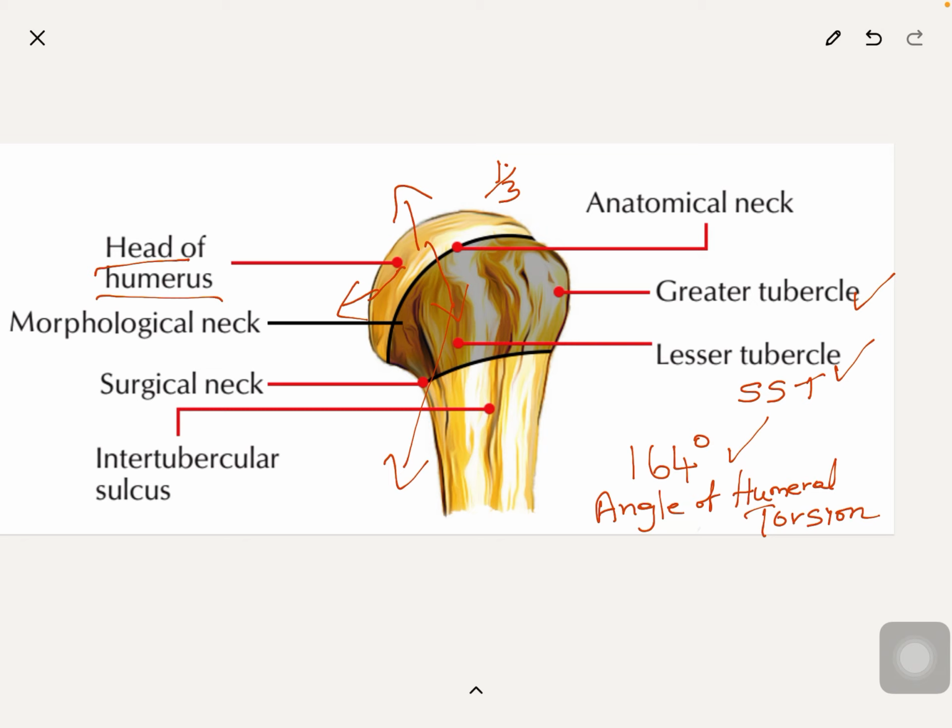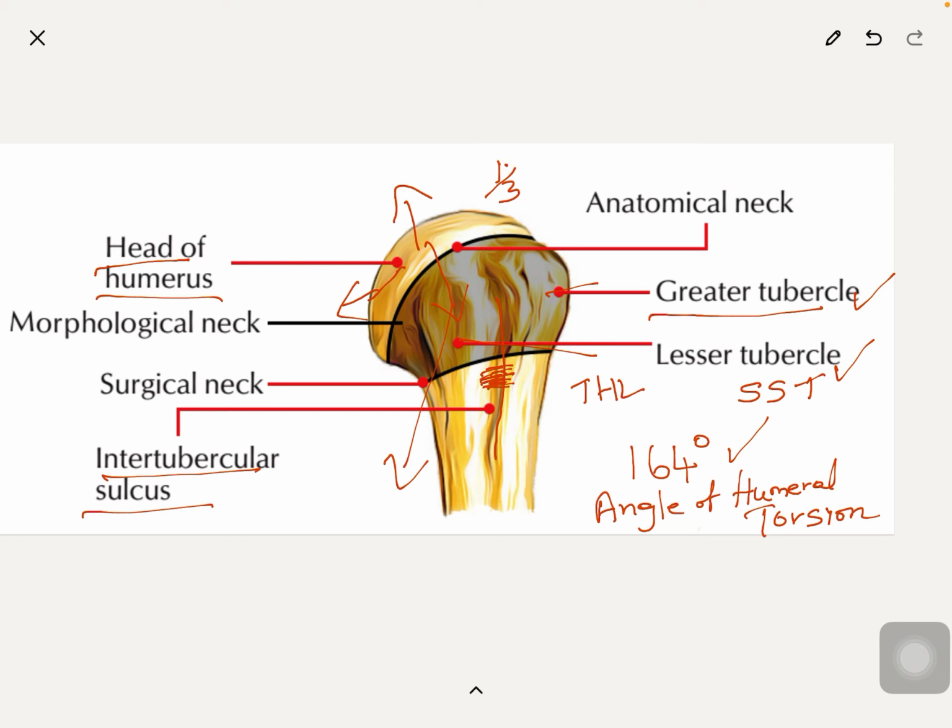Are you seeing this is the greater tubercle, and this is the lesser tubercle? They are separated in the middle by the intertubercular sulcus. The intertubercular sulcus gives attachment to one ligament, the transverse humeral ligament.